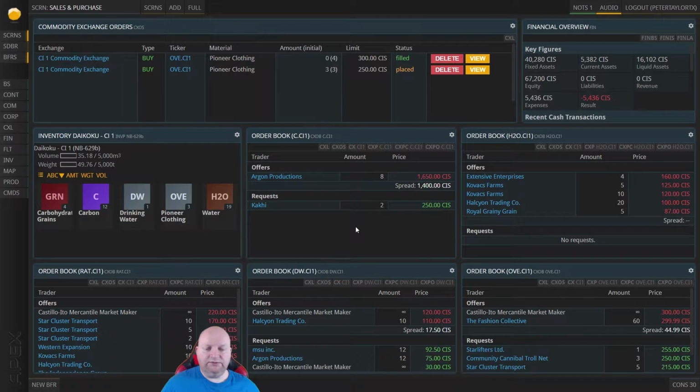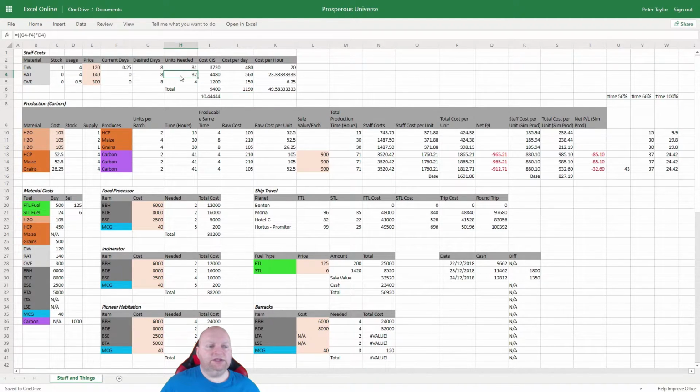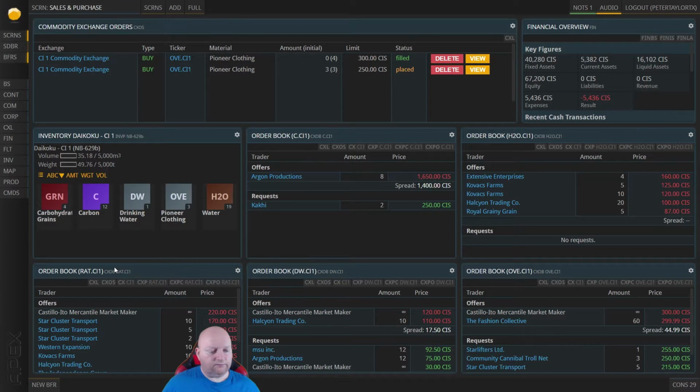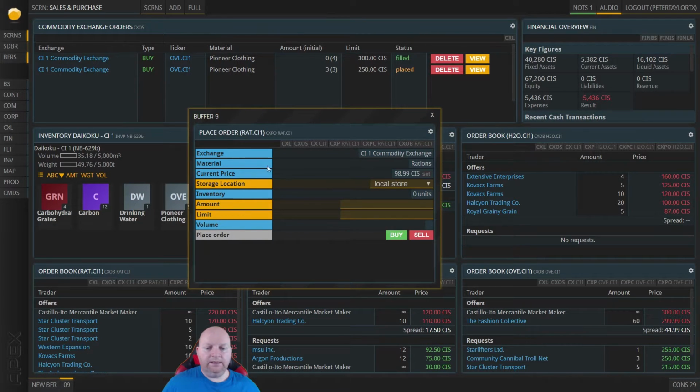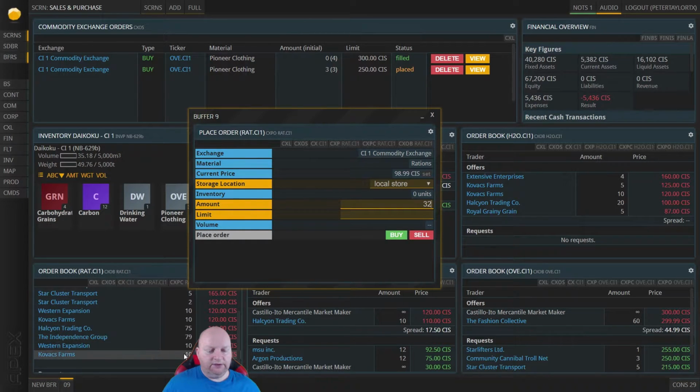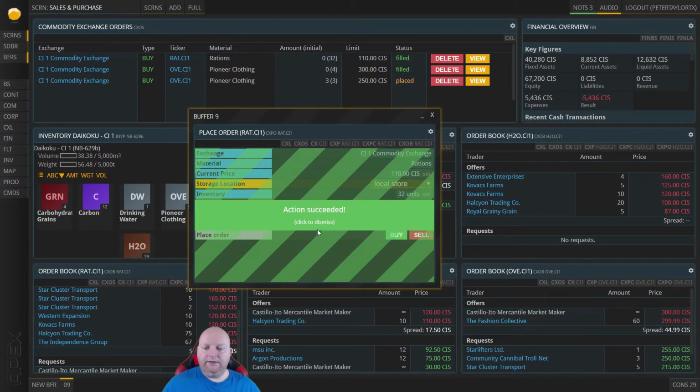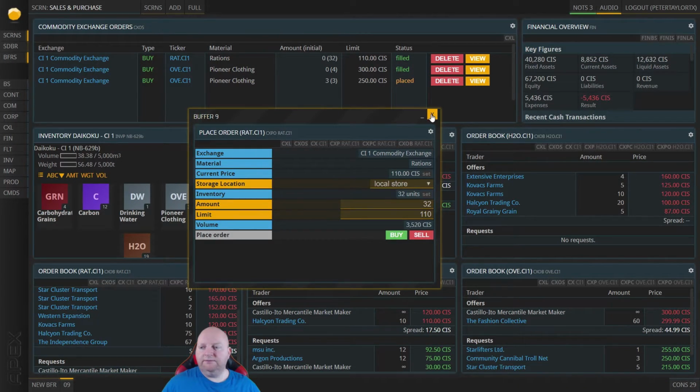Please. Next up, we want to buy 32 rations. Place the order. We're going to place an order for 32 rations, and we can get most of them at pretty low prices, so we're going to 110, please. No, not that many. Price of 110. Buy. There we go, we bought the rations.